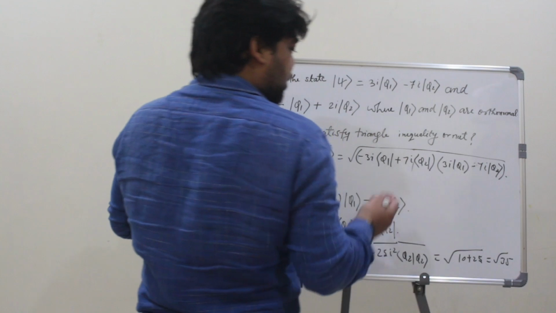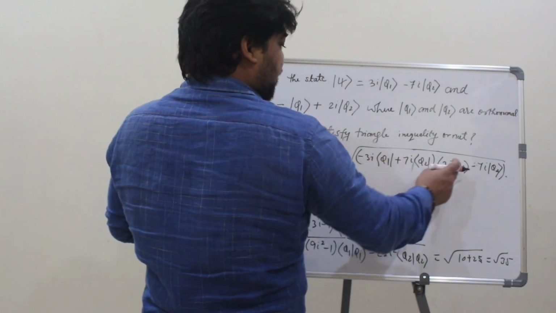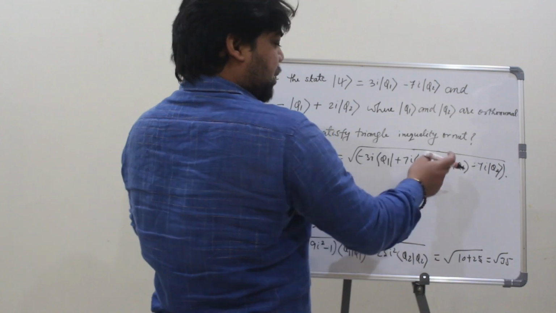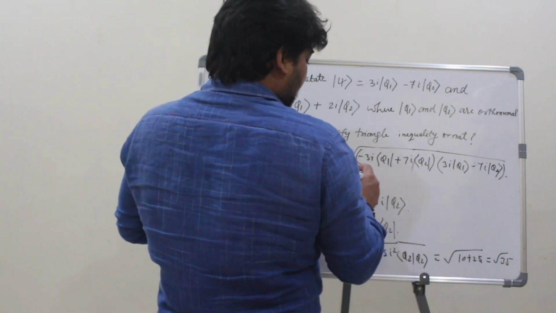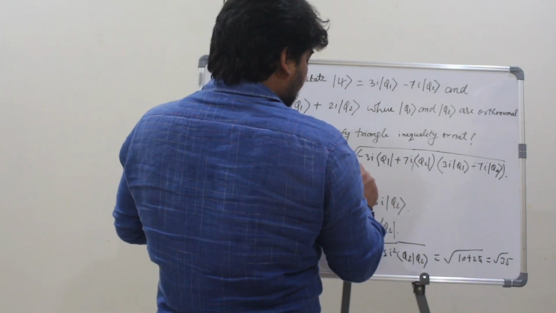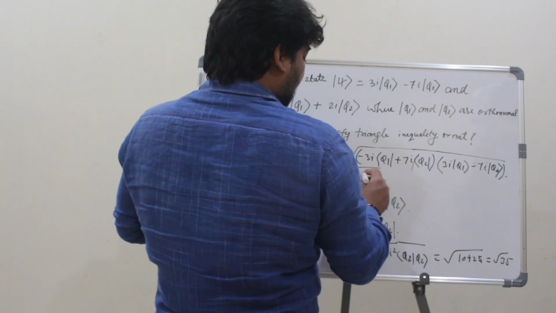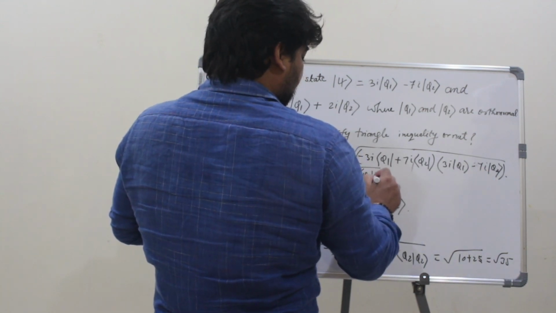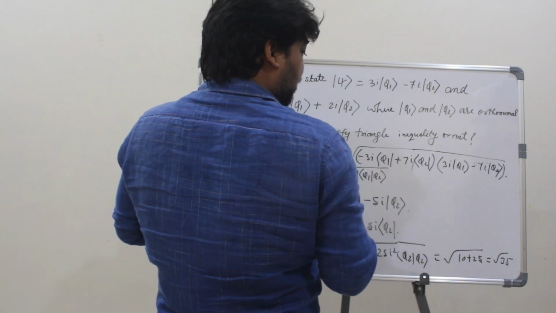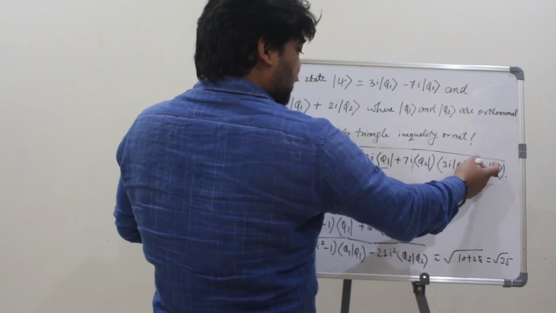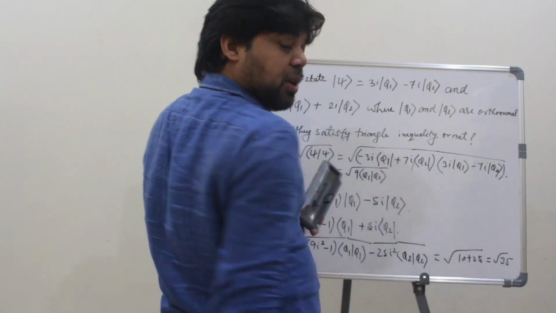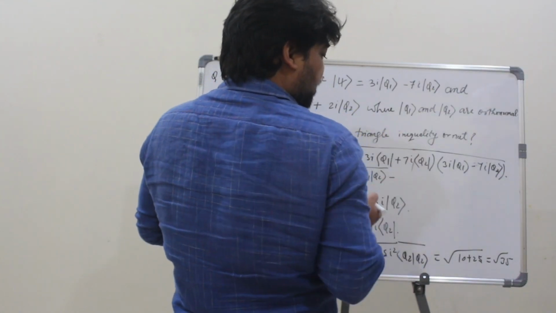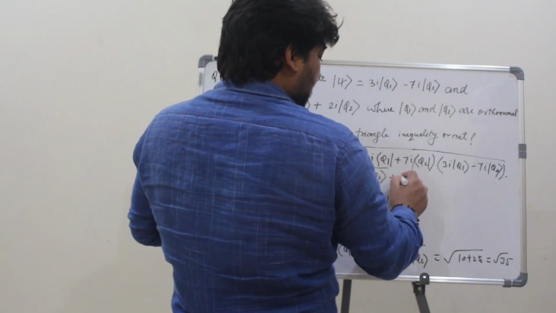So just take the multiplication. The cross terms go because they are orthonormal. This is 3 times 3, 9, with the minus, so minus of 9i square is 9. Then 7i square with minus is minus 49i square, which gives plus 49.